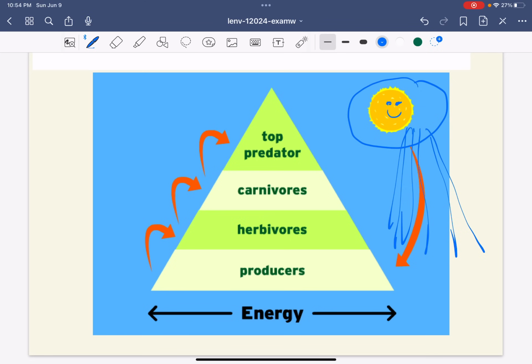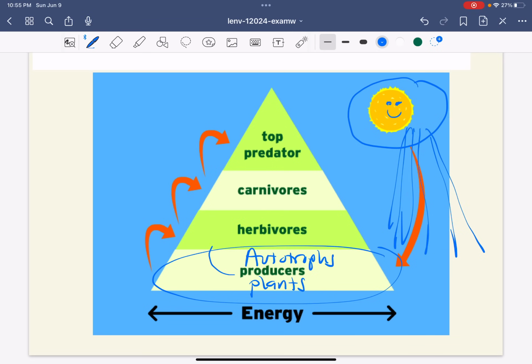The very first living organisms that absorb that large quantity of energy are producers, autotrophs. What are producers and autotrophs? Plants and any other autotrophic organism that goes through the process of photosynthesis.